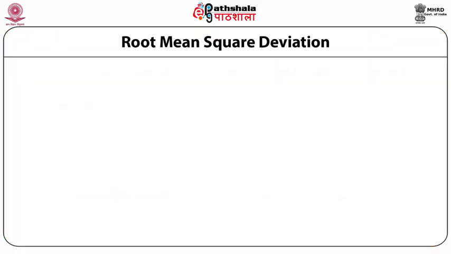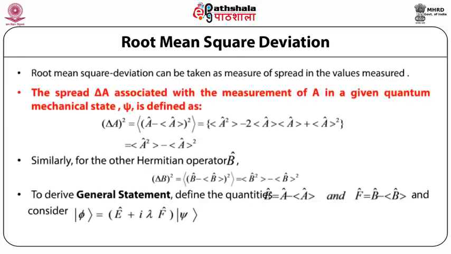Root mean square deviation. The definition of the root mean square deviation can be taken as the measure of the spread in the values that are being measured. So, for example, the spread delta A associated with the measurement of some quantity A in a given quantum mechanical state psi can be defined as delta A whole square is equal to the expectation value of the square of operator A minus its expectation value.